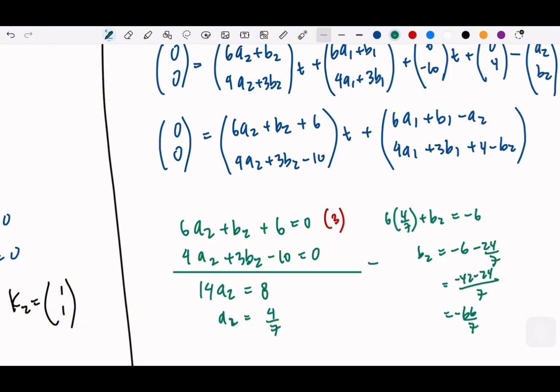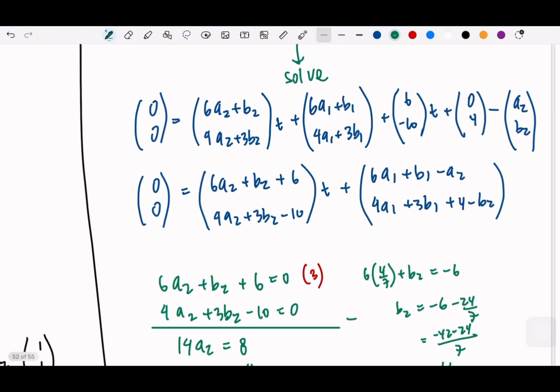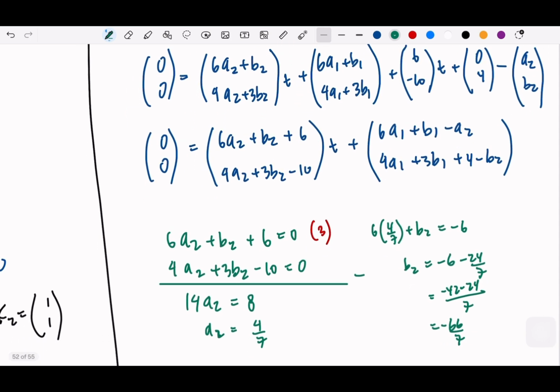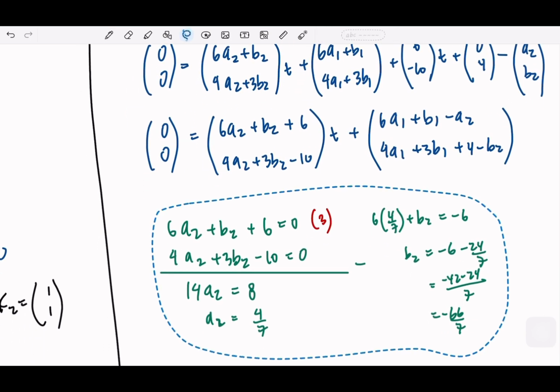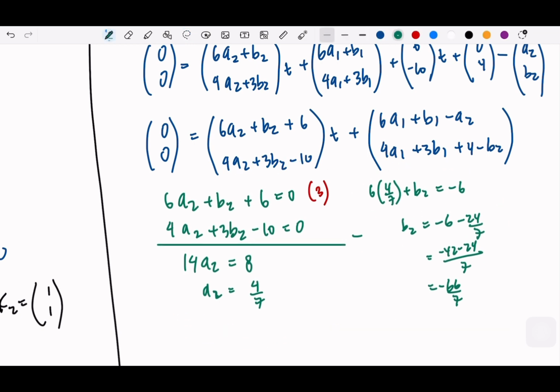4, 3, but I think it's correct, right? Can you find any mistake here? But anyway, the idea is just to find the A1, A2, B1, and B2.